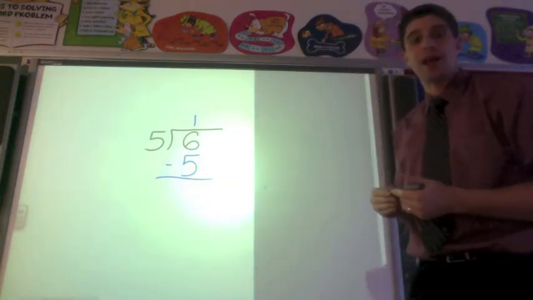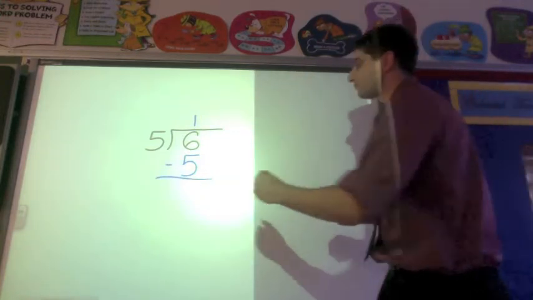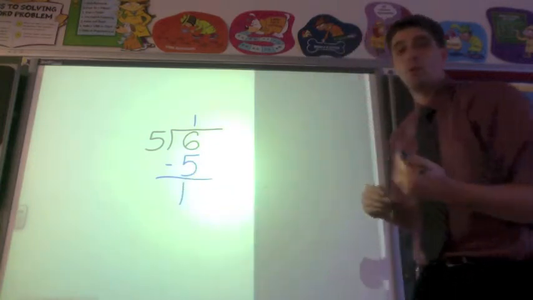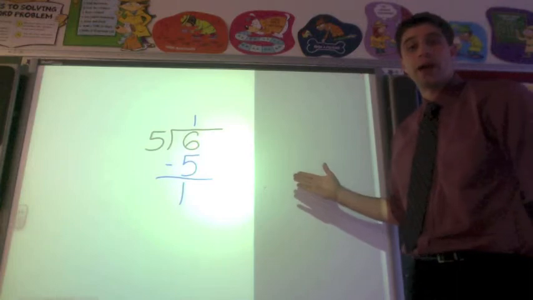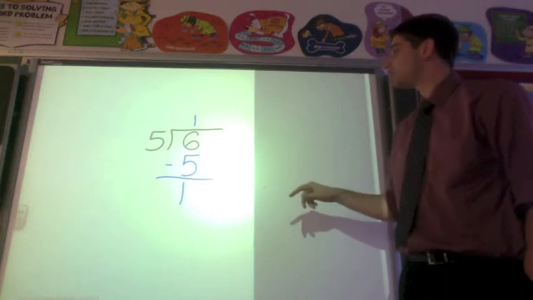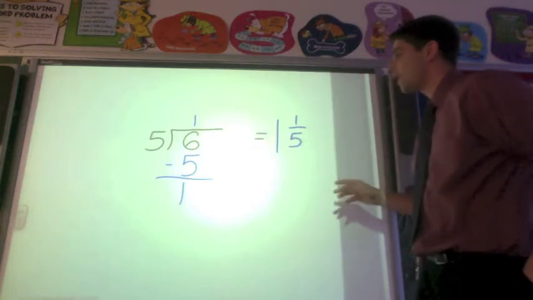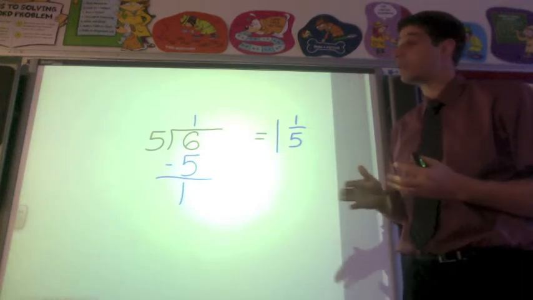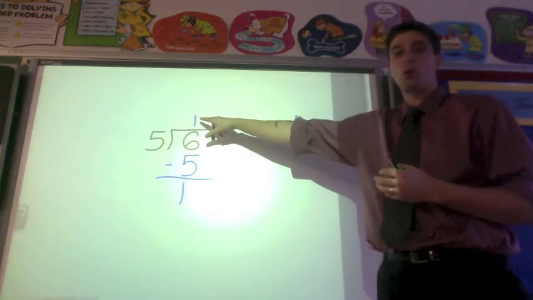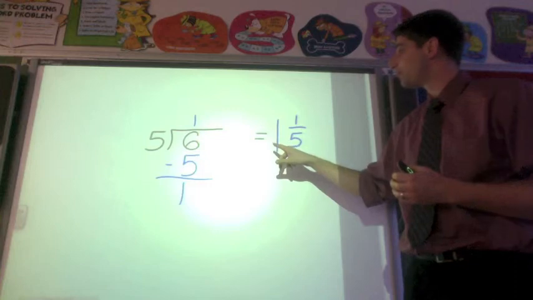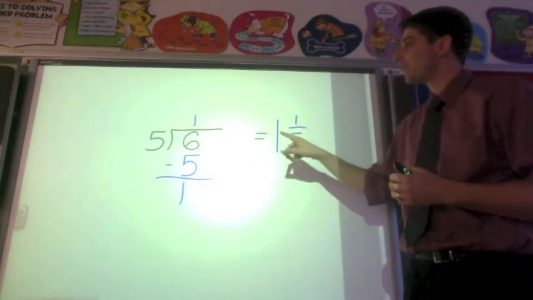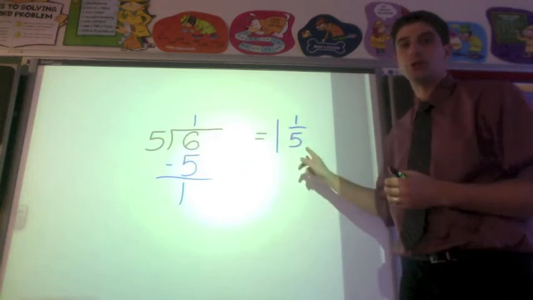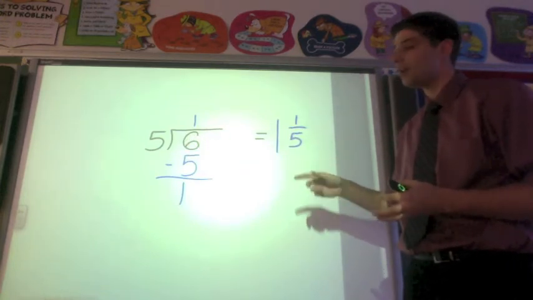I'm going to subtract now, 6 minus 5, and I have a remainder of 1. I'm going to move my paper away, and I'll see what the answer is. And the answer is 1 1/5. Remember, your quotient becomes your whole number, your remainder becomes your numerator, and your divisor becomes your denominator.